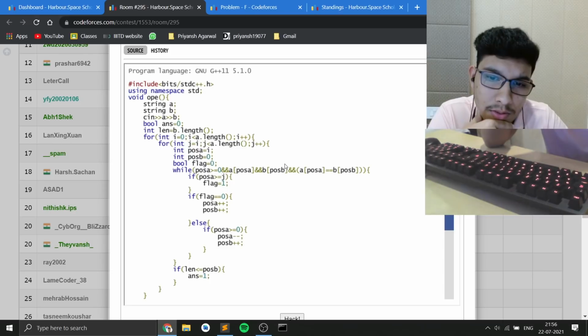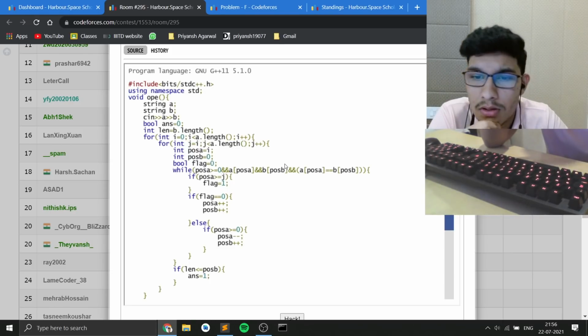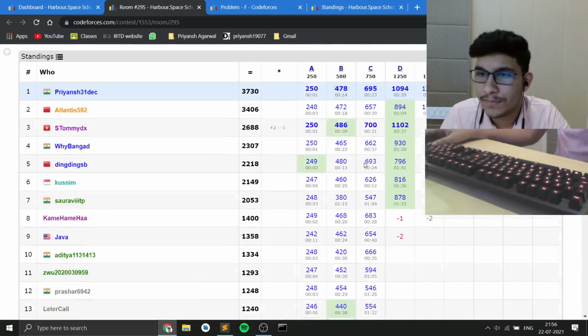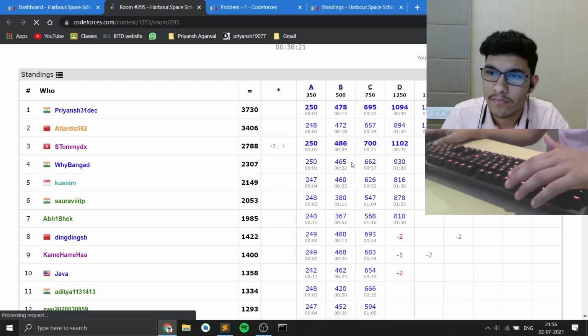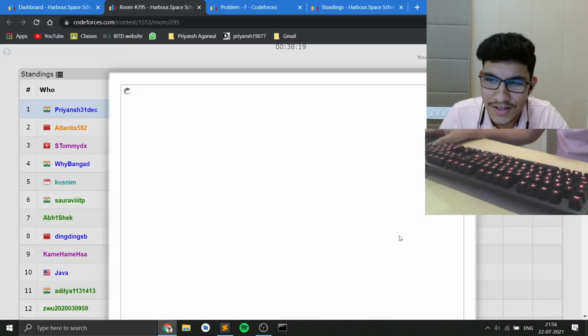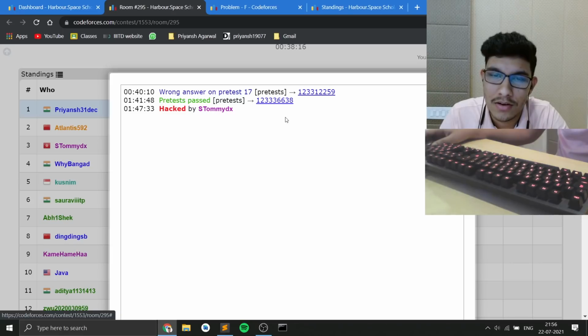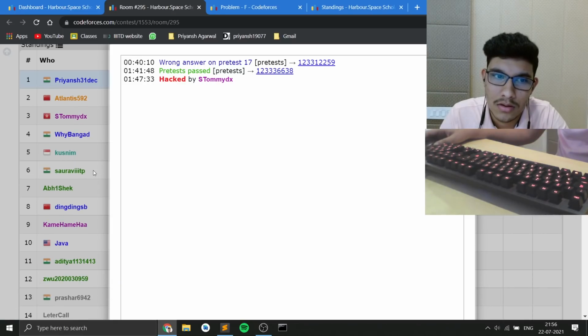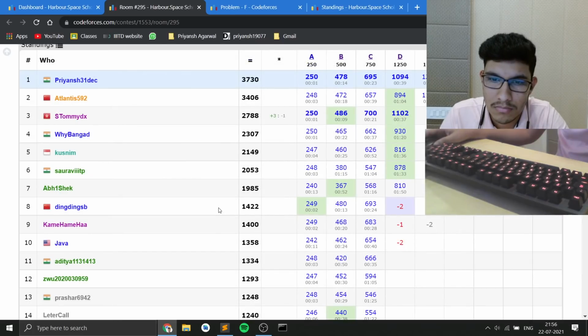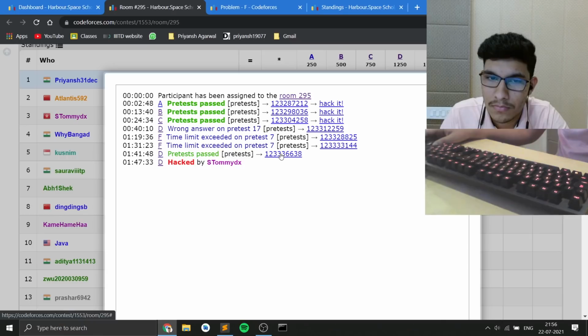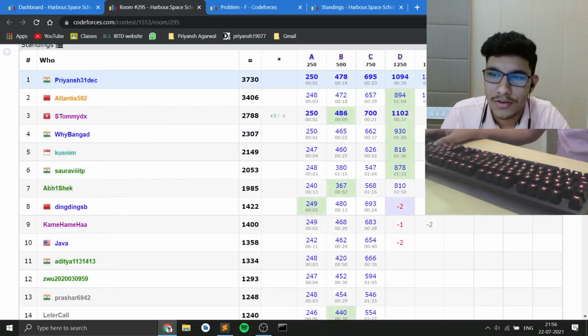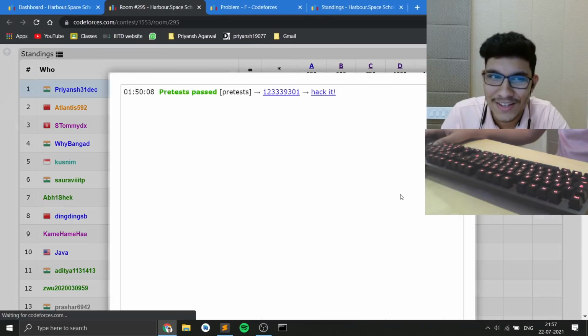Pos A is greater than or equal to 0 and A at pos A. Okay, so this was hackable as well. Now I cannot look at the solution. Great.